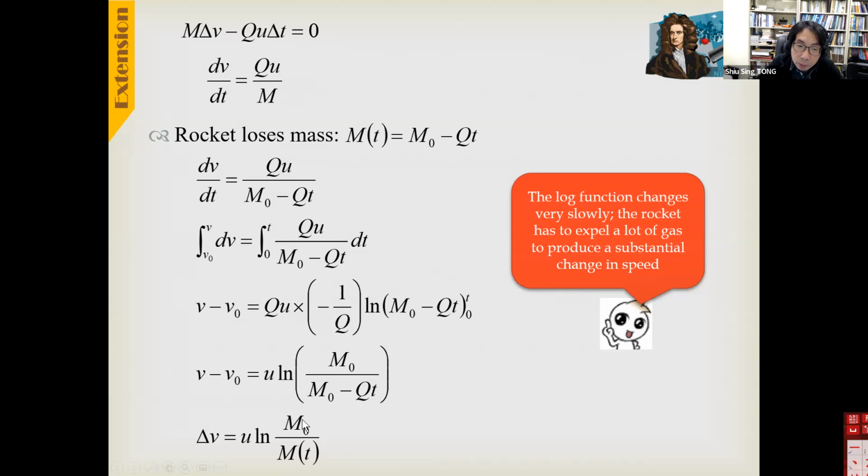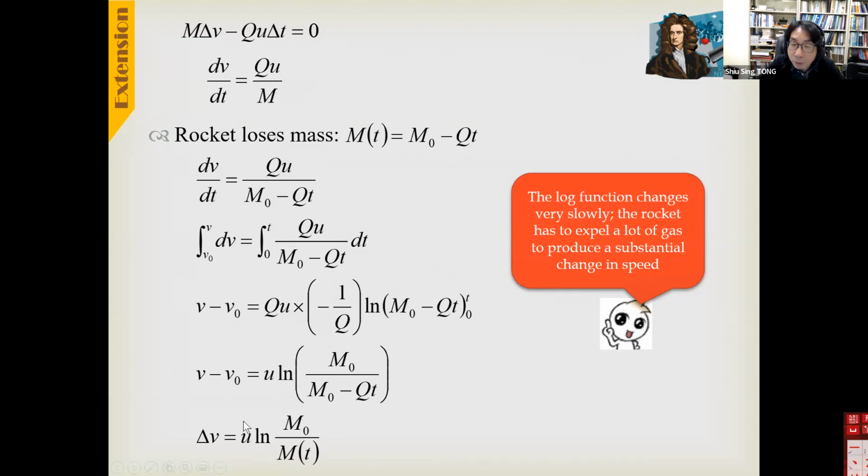So that means although you can make m0 over m very large, you can make the rocket contain a lot of fuel, such that the final mass will be much smaller than the initial mass. After you eject all the fuel, the rocket will contain less and less mass. So you can make this factor very large. But since it involves a logarithm, that will not give you a very large value.